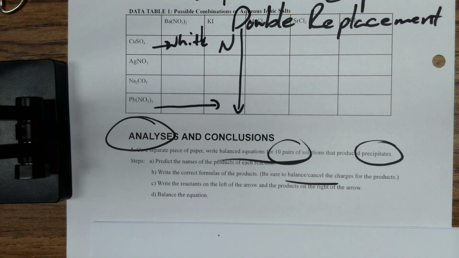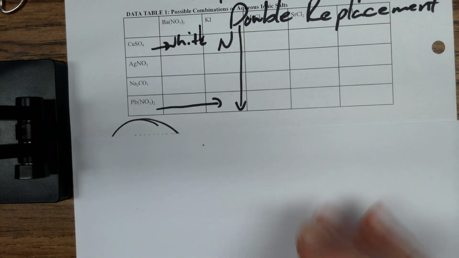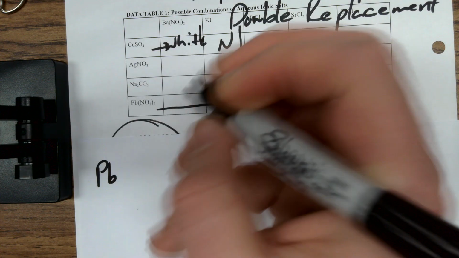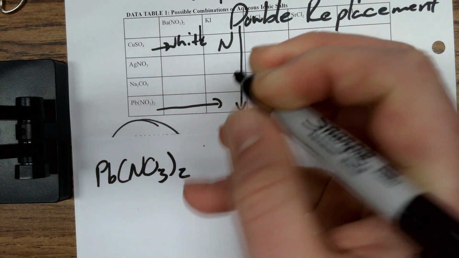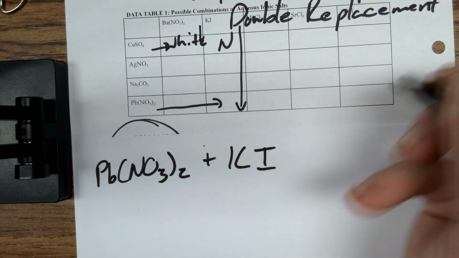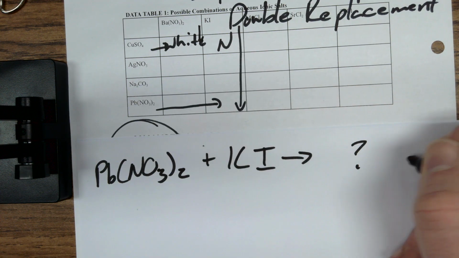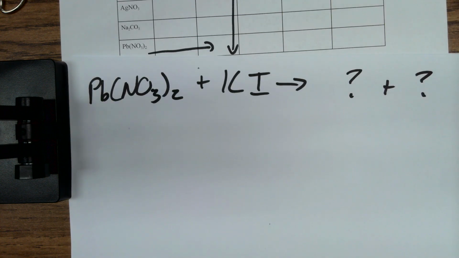Yes? Everyone recorded that was bright yellow, and we definitely recorded that it produced a precipitate. We're feeling good about that answer, yes? All right. So I have my two reactants then. I have lead nitrate, and I have calcium iodide. And I need to figure out what they form.